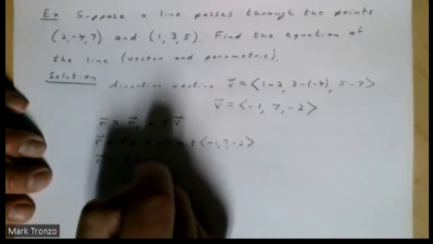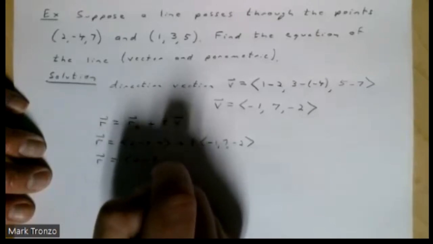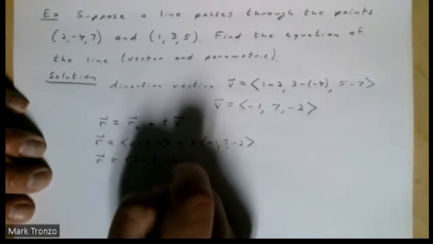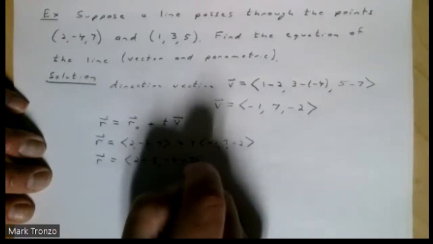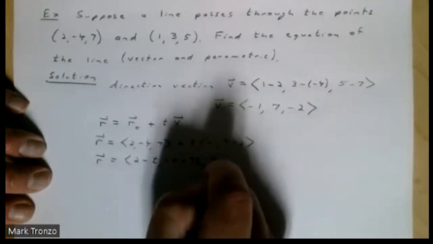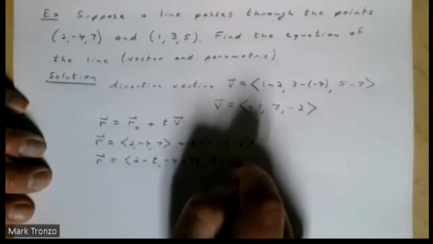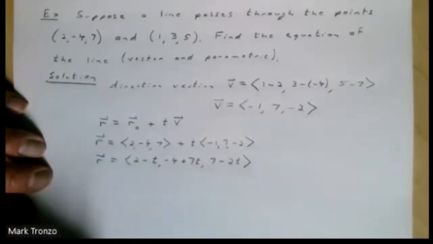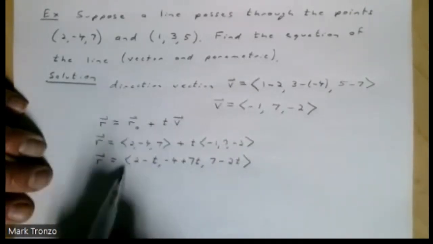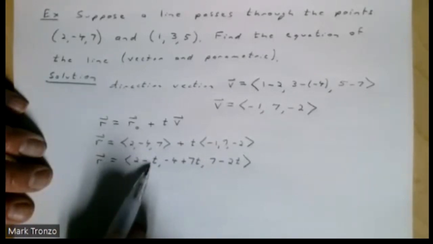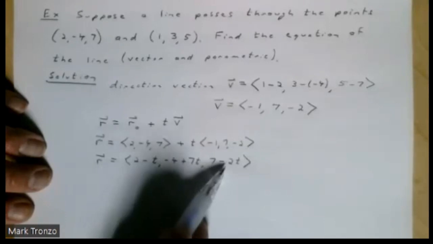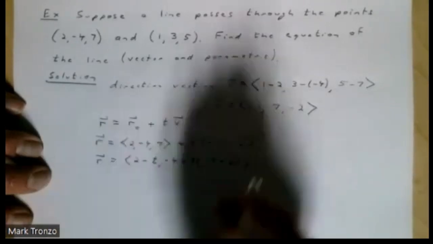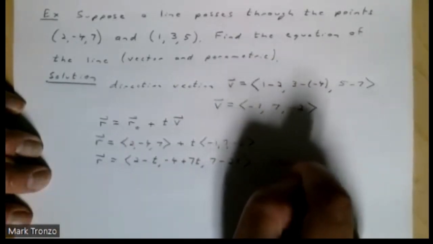And if we multiply this out, we get something like this. And that's the vector form.